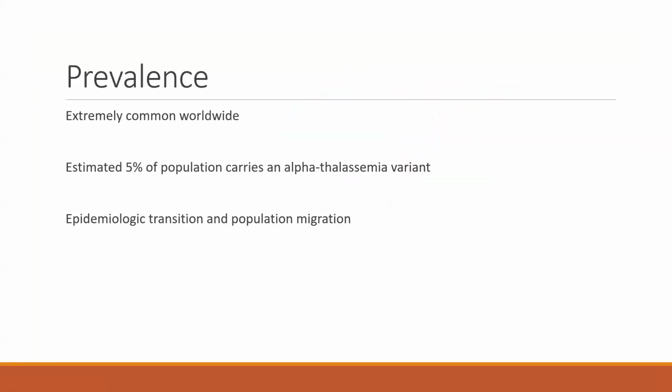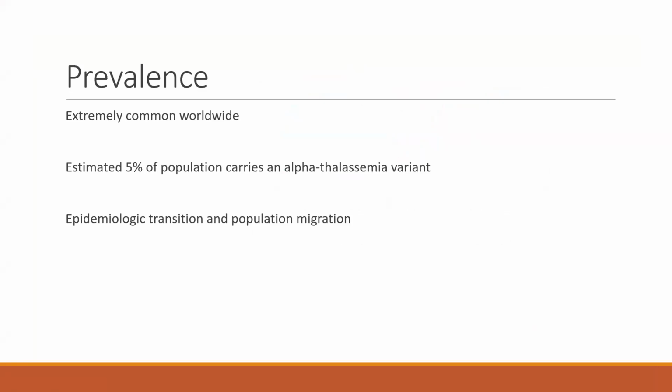So, prevalence. Again, kind of alluding to this, this is extremely common worldwide. It's estimated that approximately 5% of the world is at least a carrier of an alpha thal variant, and this is very variable depending on the ethnic group or the area of the world.